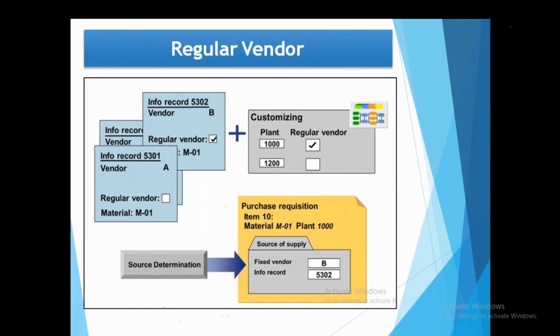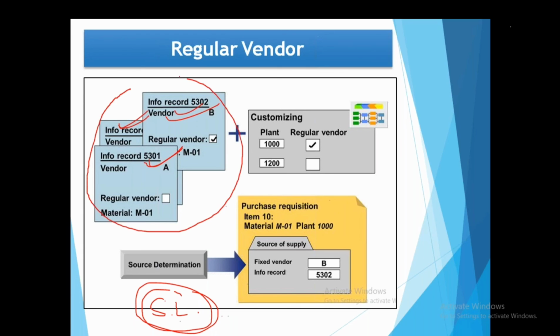Let's assume a scenario: you don't have a source list for a particular material. For the same material, you have 3 vendors for which info records are already created. Among these 3 vendors, I want to make one vendor a fixed vendor. In that case, you go for regular vendor.